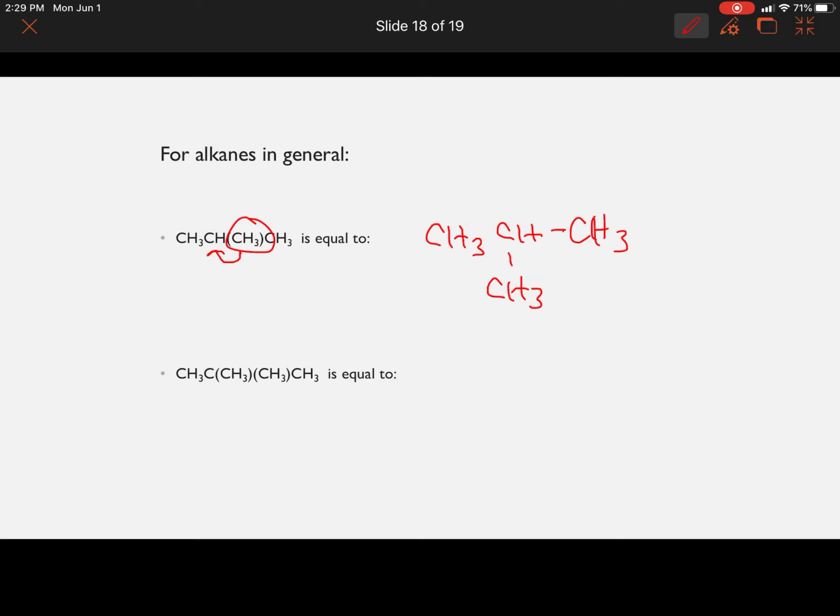So that's what that one would be. Over here, when I've got two radicals in brackets in a row, one's going to go on the bottom, one's going to go on the top. So that's going to be equal to this. So these molecules are equal to each other. So that is that kind of notation that you also have to get used to.